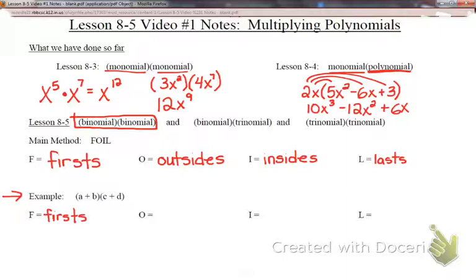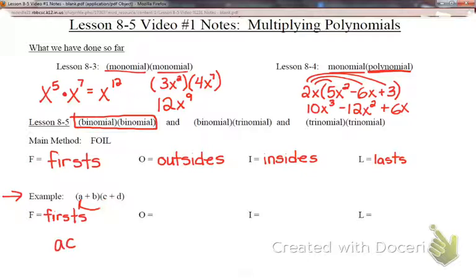And when you're looking at the example, the firsts are the first terms in the binomials. So it's the A and the C. So multiplying the A times the C, that gives you AC.